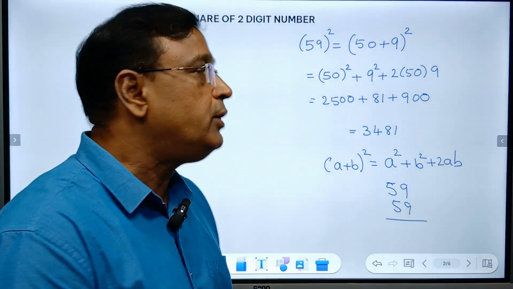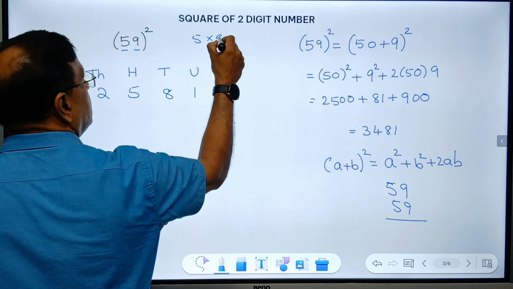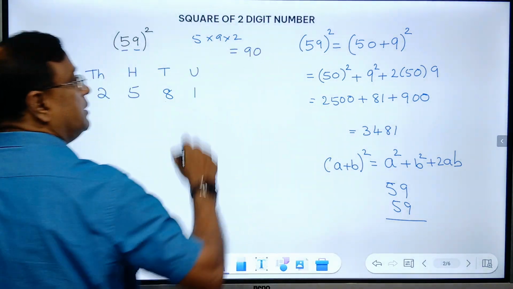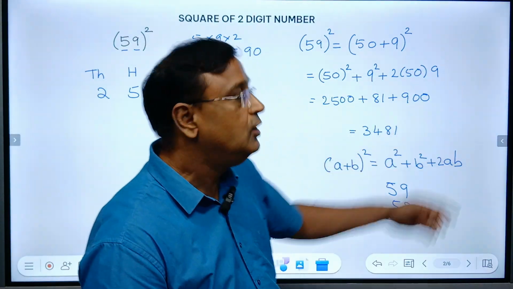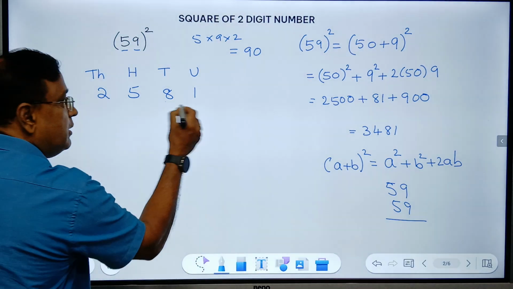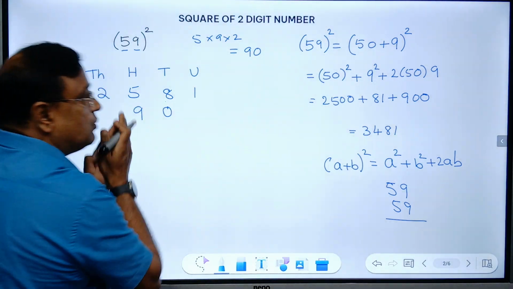Done. Now what do you do? You multiply all these three numbers, that is 5 into 9 into 2. What is 5 into 9 into 2? It is 90. Actually it is 900. So when they teach you the trick, they tell you to write 90.